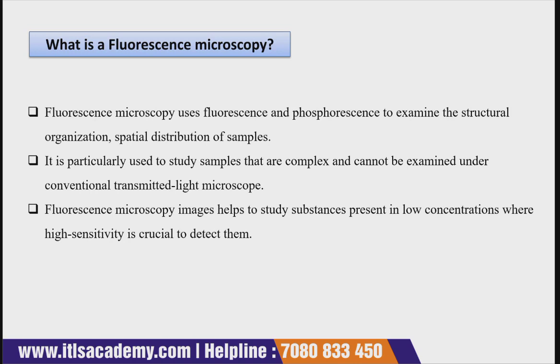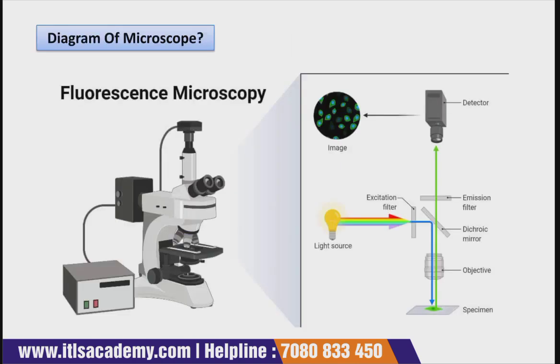In simple language, it examines structures so complex that they cannot be examined by a light microscope. The images it gives help study substances present in very low concentration, with very high sensitivity to detect them.